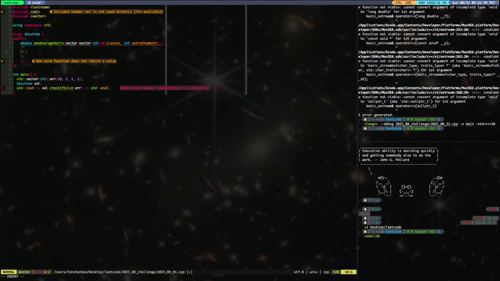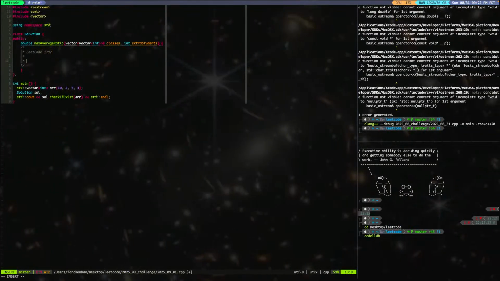So, given, okay, the problem is essentially finding a way to distribute extra students such that the total sum of pass ratio is maximized.